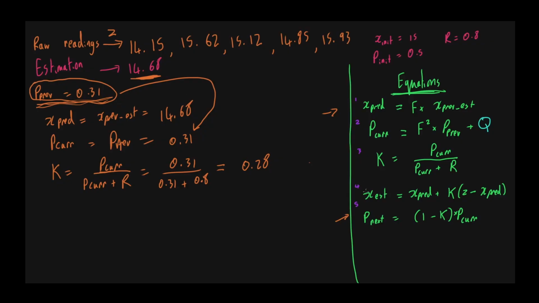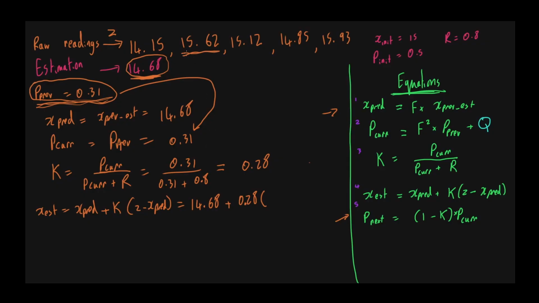Okay, now we've got to move to the fourth step, and in the fourth step we're doing the next estimation. So X est equals X predicted plus K times Z minus X predicted. And remember that X predicted was calculated in our last time step, 14.68, plus K, which remember is 0.28. And then we do Z. So what is Z?